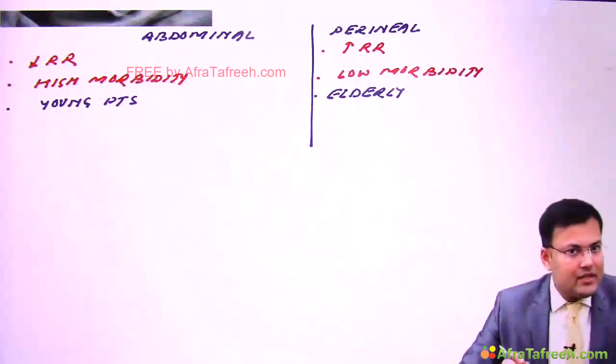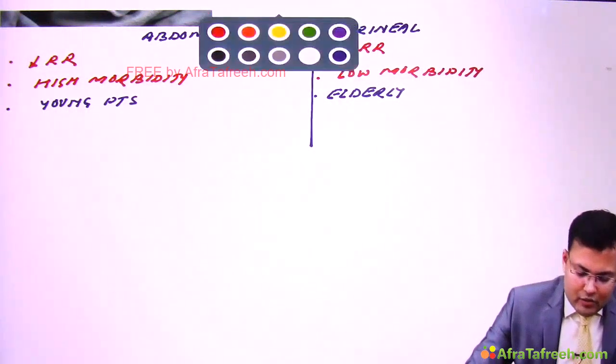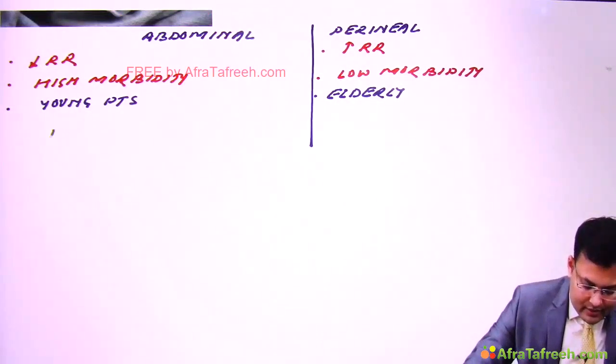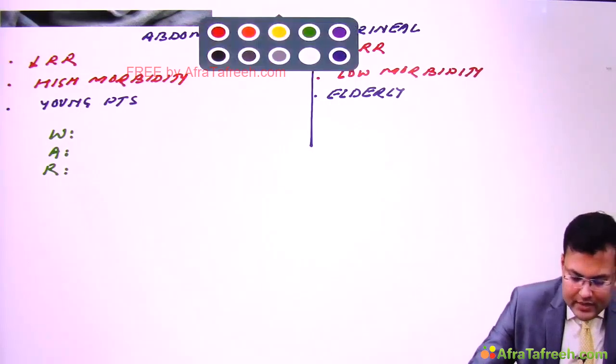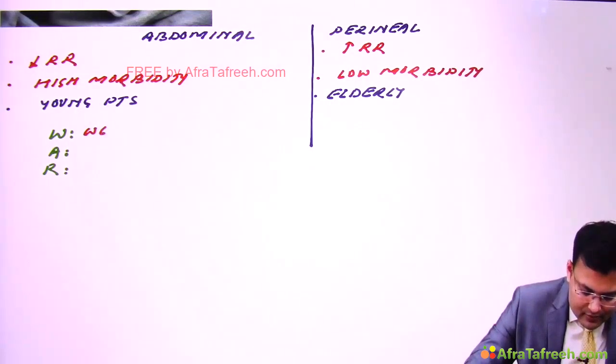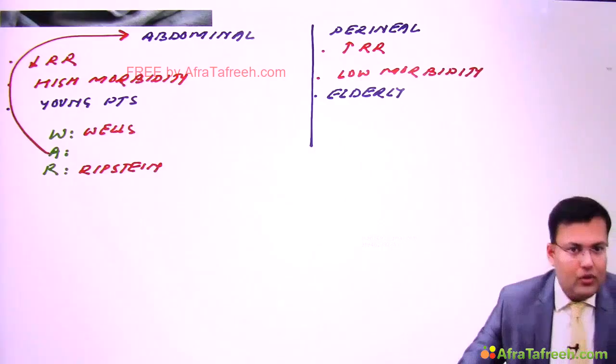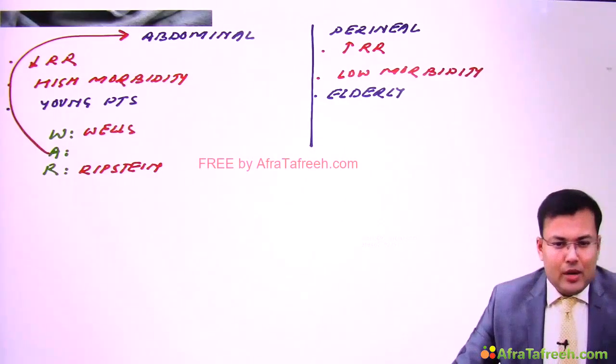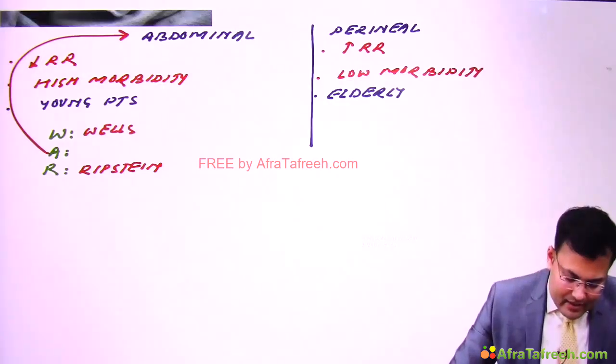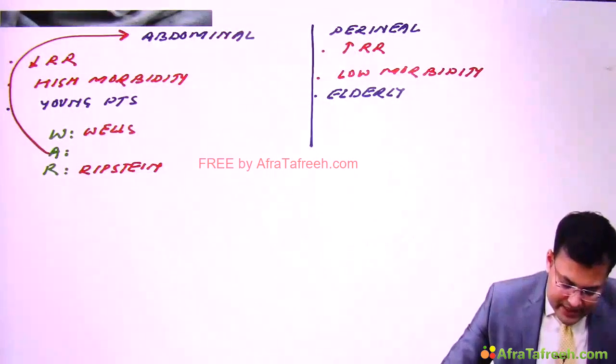Now how to remember? There are named surgeries which are asked. So the mnemonic is VAR. W means Wells, A means abdominal, R means Ripstein. So the mnemonic is VAR: Wells, abdominal, Ripstein. And in the perineal approach, the mnemonic is PAD.